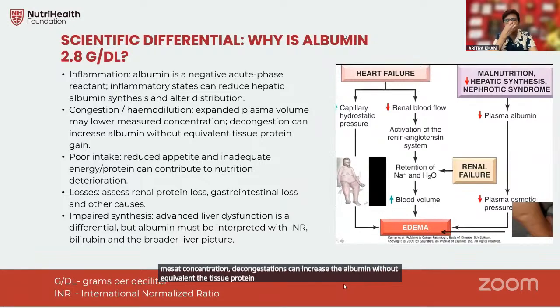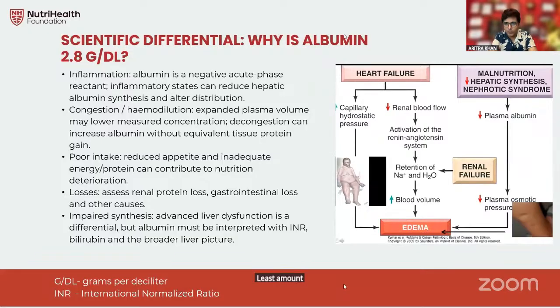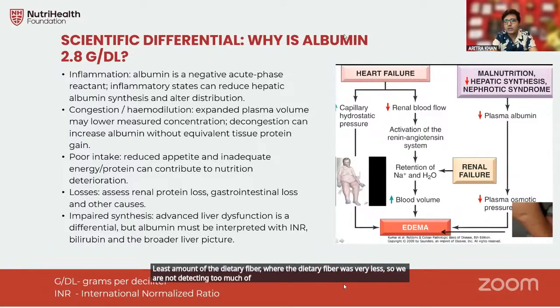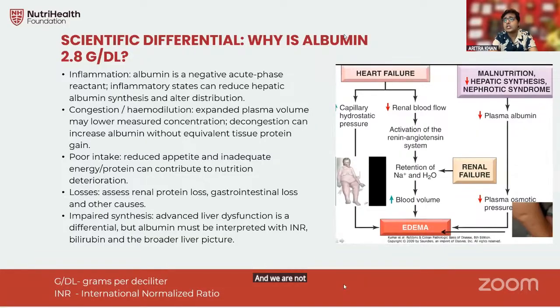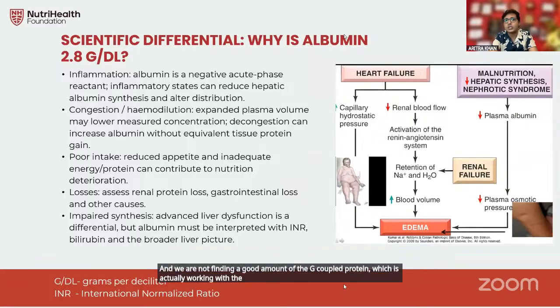So we can say very much sure about the less amount of dietary fiber, where the dietary fiber was very low. So we are not detecting too much of GLP-1, that is glucagon-like peptide 1, or gastric inhibitory polypeptide, or peptide tyrosine tyrosine, PYY, and we are not finding a good amount of the G-coupled protein, which is actually working with the dietary fiber and the proteinaceous part.